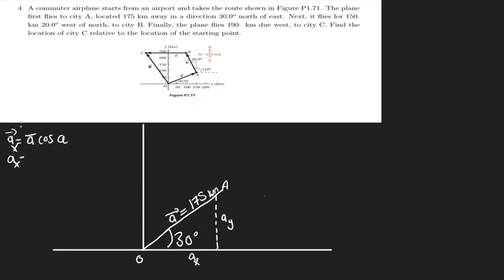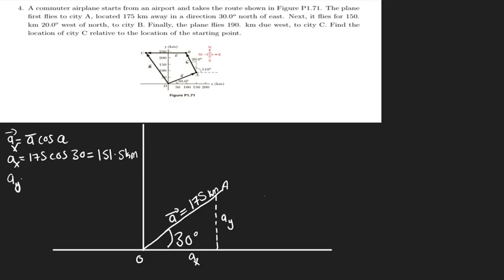So AX is going to equal 175 cosine 30. Let's check what we are going to get from there. We are getting 151.5 kilometers.